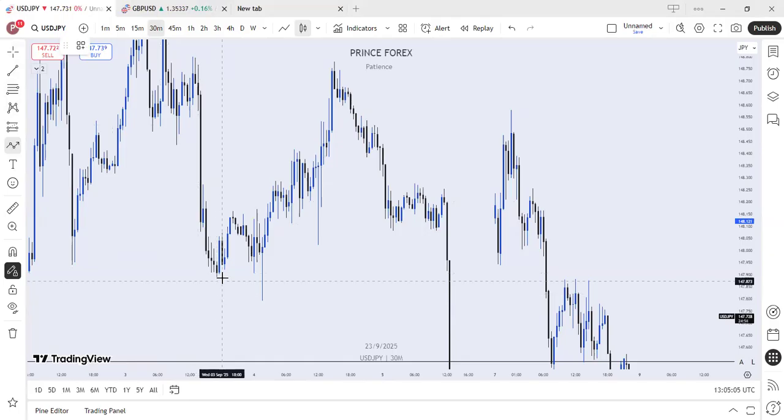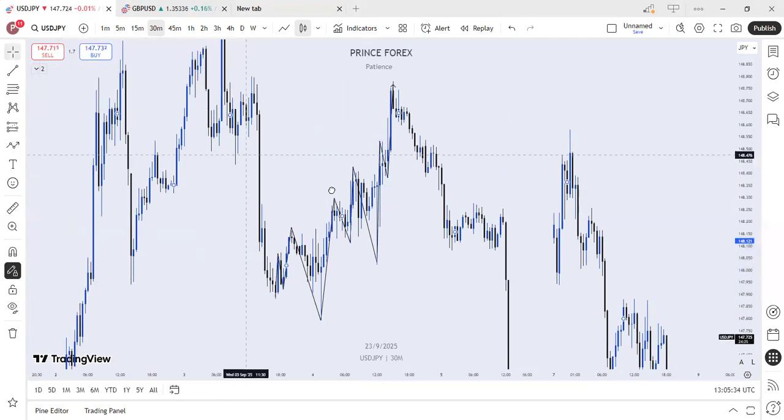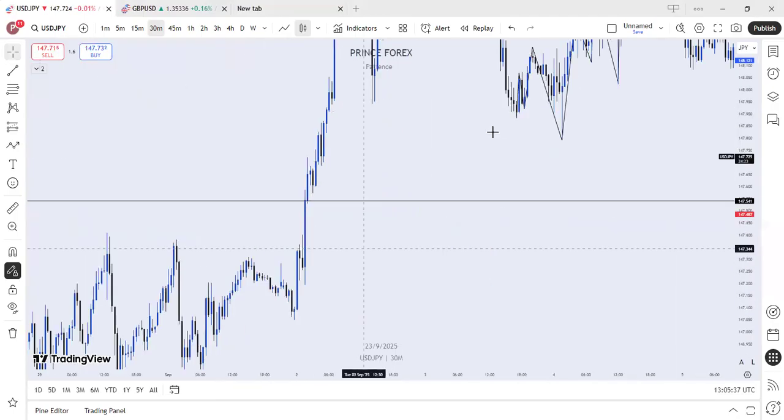So price was creating higher highs. So this particular one here is a higher high. Then price created a low here, a higher low. Price created a higher high. And then price came all the way down here to create a higher low. Price went all the way up, higher high, higher low, and it came all the way up here, higher high, higher low, and it created this higher high. So that is how the uptrend market sometimes moves.